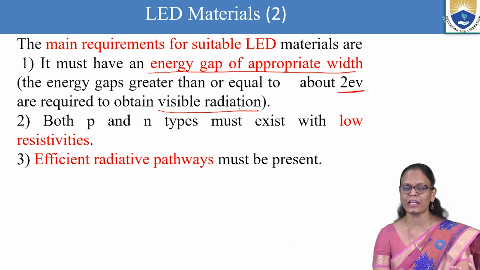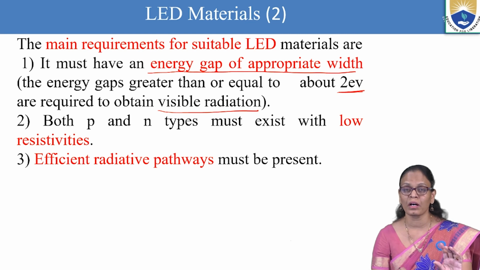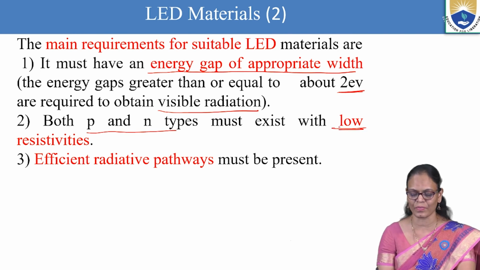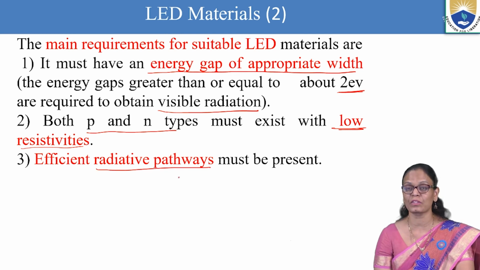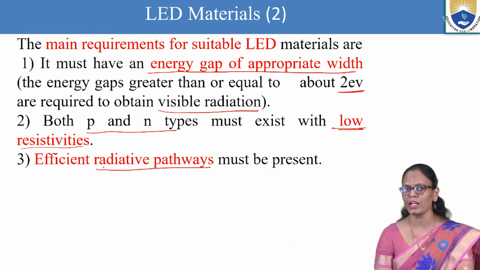And both P and N type must exist at low resistivity. The resistivities have to be very low. So they will have efficient radiative pathways, so that the pathway for the radiation will also be very efficient.